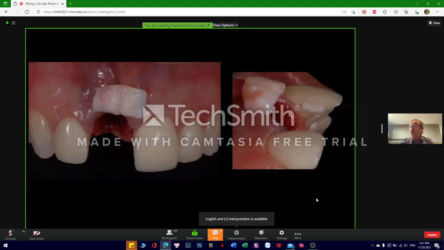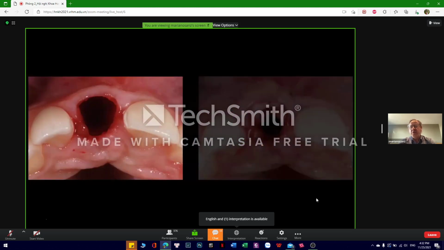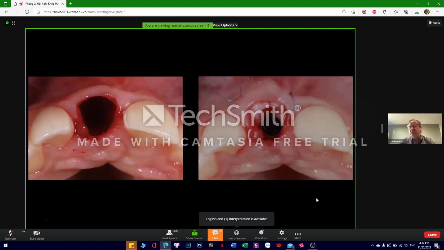We develop a kind of submucosal split thickness envelope flap. We do not raise the interdental papillae, and then we suture this connective tissue graft and stabilize it to the mucosal tissues.